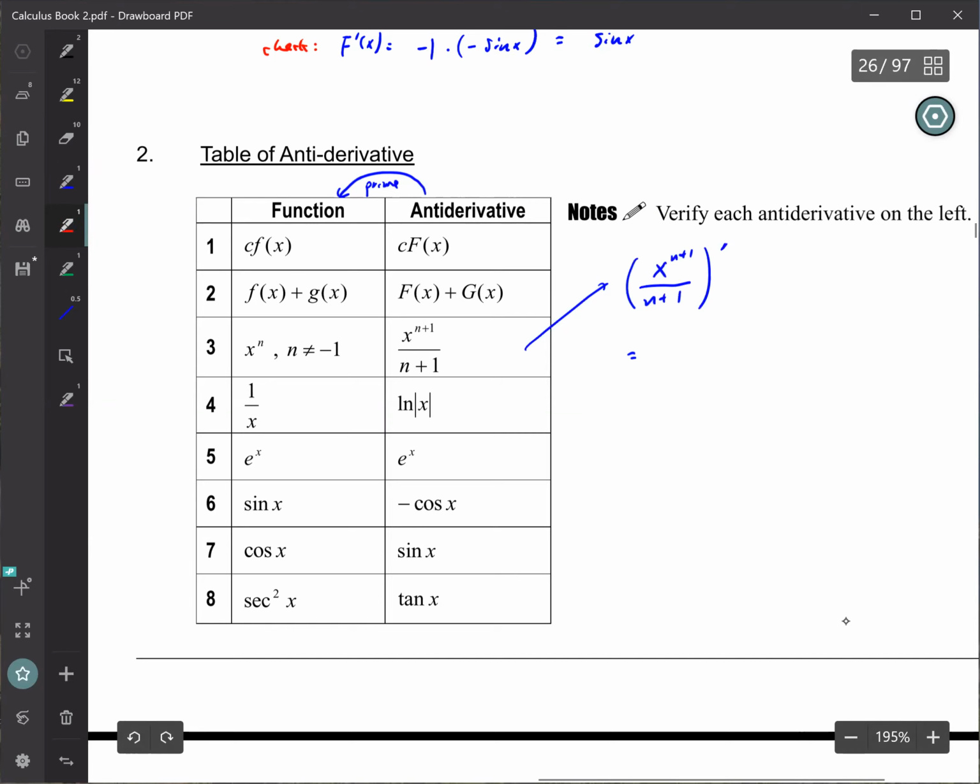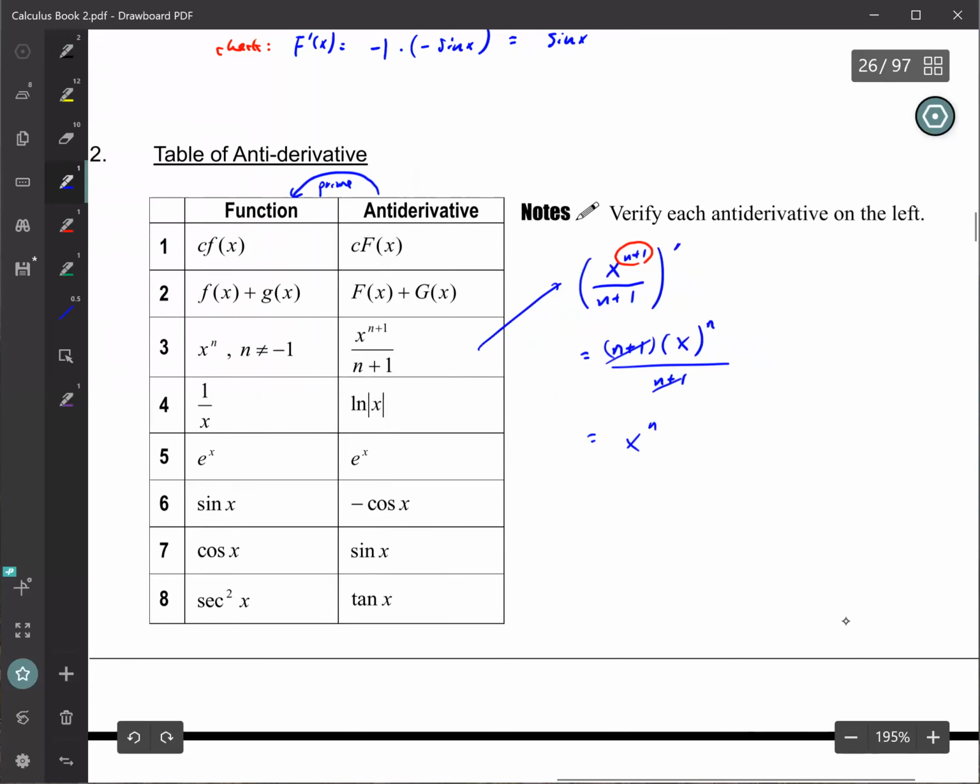Power rule tells us to bring the exponent down, and then exponent minus 1, so that will give you n. And then n plus 1 will cancel out, you get x to the n.